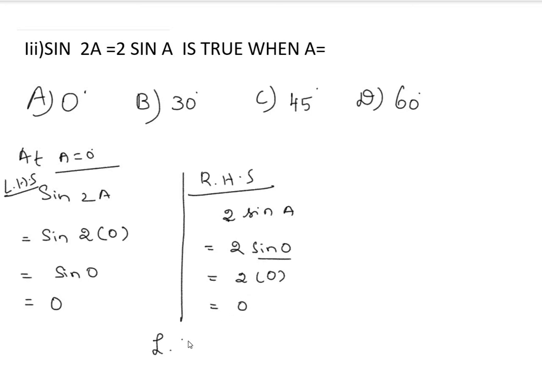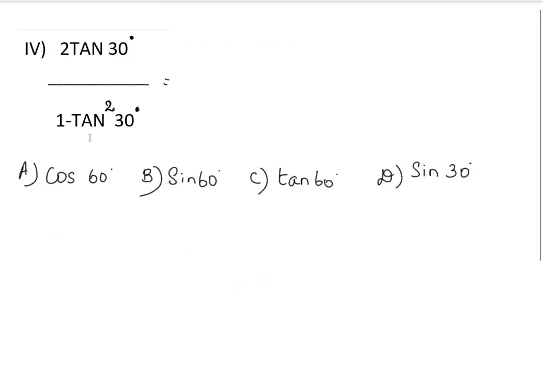I'm getting LHS is equal to RHS. So I can say that sine 2a is equal to 2 sine a when a is equal to 0 degree. Okay, shall we go to the next one?